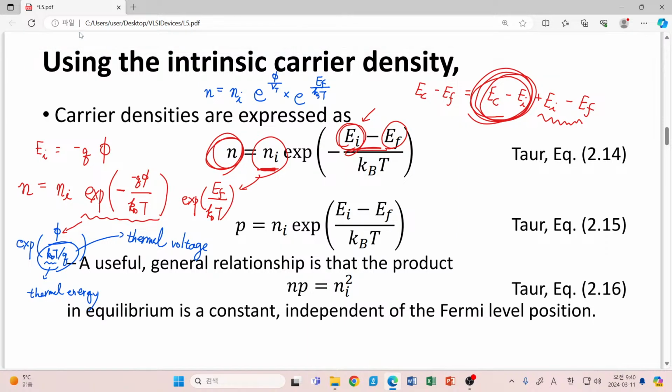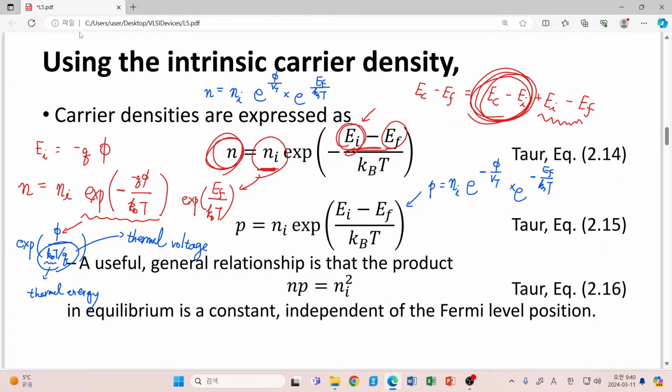And following the same expression, hole density is given by n sub i times exponential minus phi over Vt, and here also we have EF over kBT.